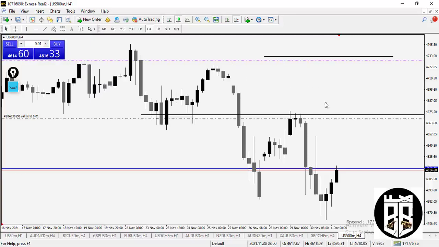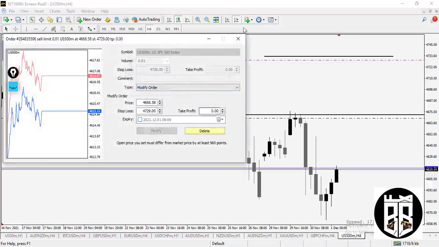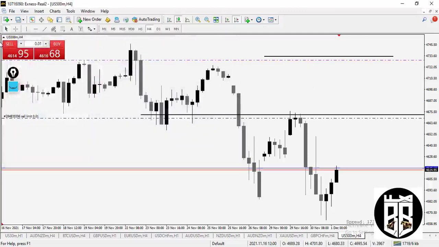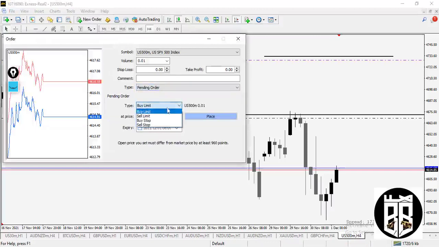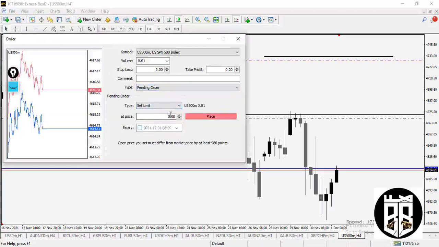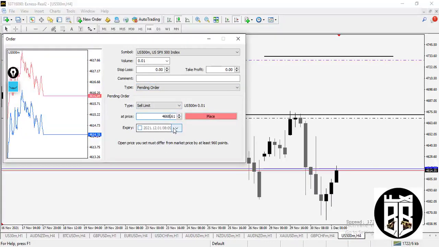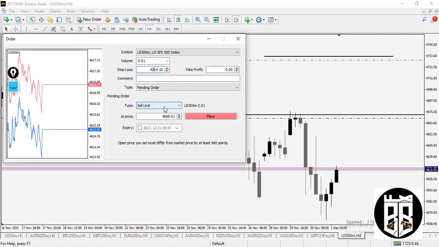To do that, if you don't want to close this, you can just take another position and make it the same. Now to take another position, just say the same thing: pending order, sell limit order 466868, and you place the order and you say stop loss 4279.